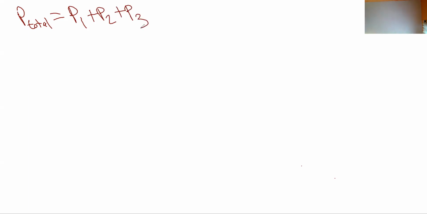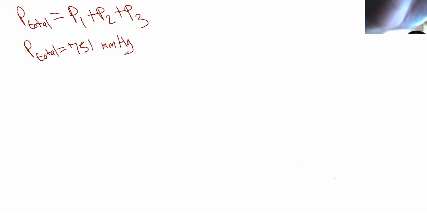So if we add up the pressure from our nitrogen and the pressure from our oxygen and pressure from the argon and on and on and on, it will equal that total pressure. So our total pressure right now is at 751 millimeters of mercury. And so in the way that concentration kind of plays a role in that, it's more like that percentage that the carbon dioxide is making up is going to be related to our pressure.